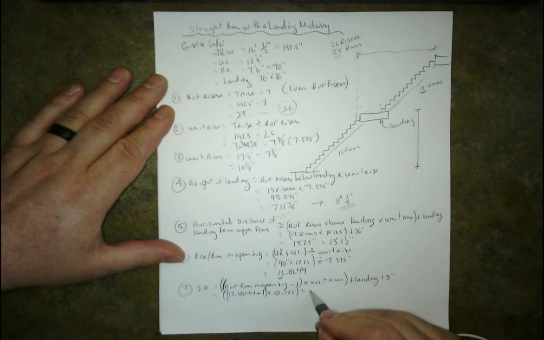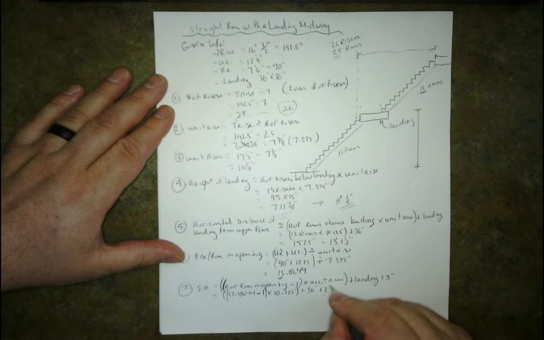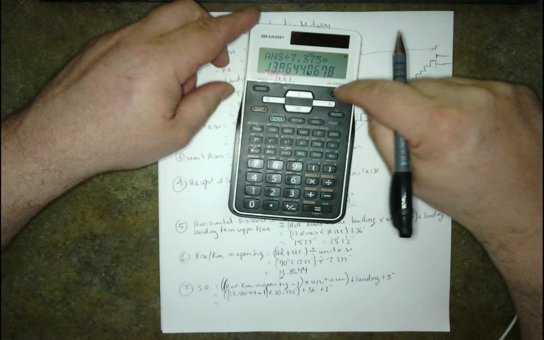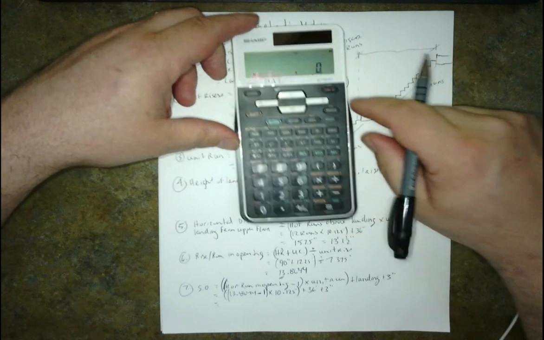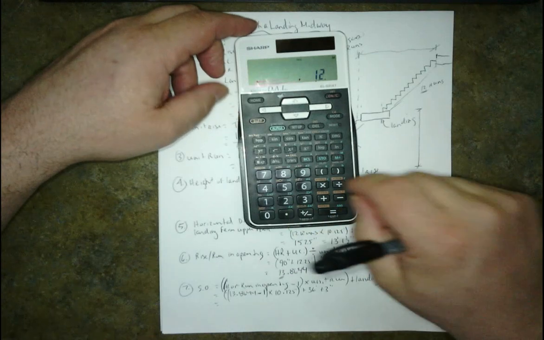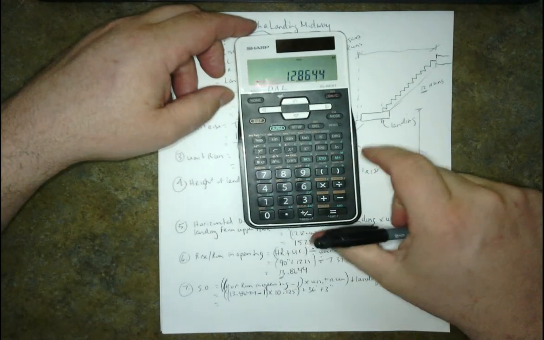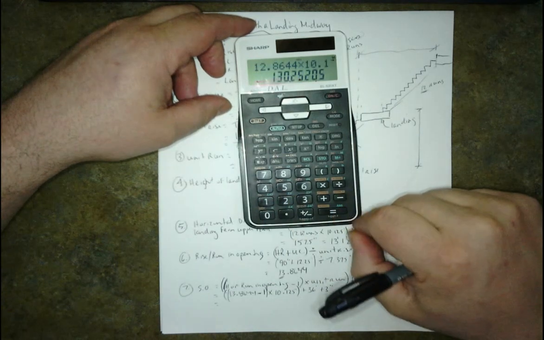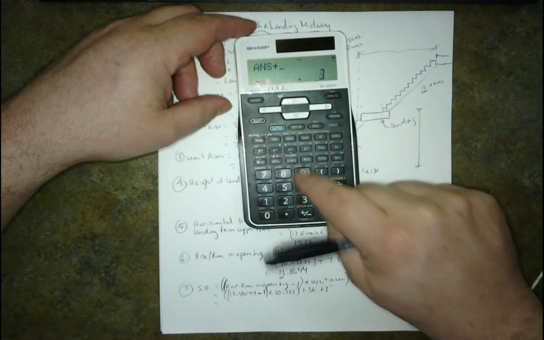And then we'll go ahead and add on the landing, which is 36. And then the 3 inches for riser material, nosing, all that kind of stuff, shimming allowance. Okay, so we're basically going 12.8644 times 10.125 plus basically 39 inches there.